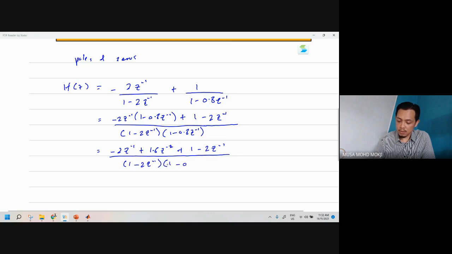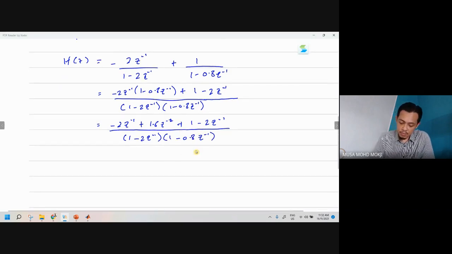This is 1 minus 0.8z^-1. So this is 1, and this is to the power of minus 1, so we have minus 2, and this is minus 2 becomes minus 4, plus 1.6 z^-2.